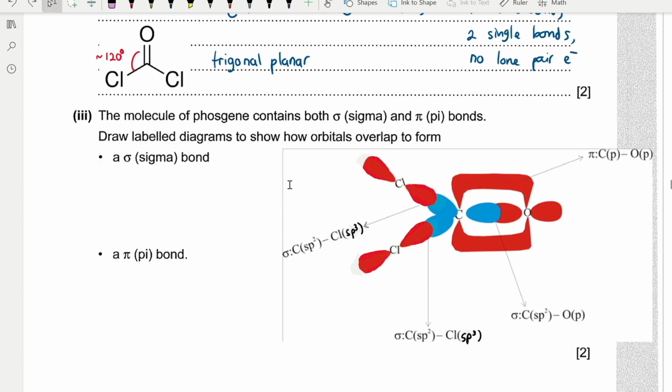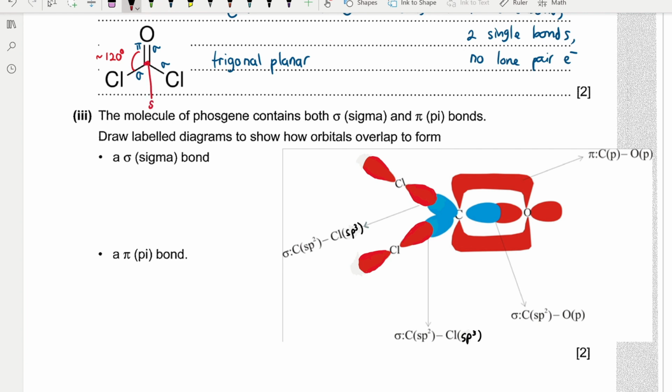The molecule of phosgene contains both sigma and pi bonds. Draw labelled diagrams to show how orbitals overlap to form a sigma bond and a pi bond. So our sigma bonds are the single bonds and one of the double bond, and our pi bond is in the double bond. Okay, first let's determine the hybridization of the central carbon atom, right?